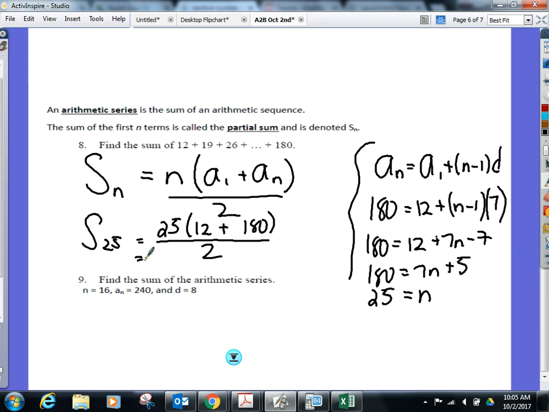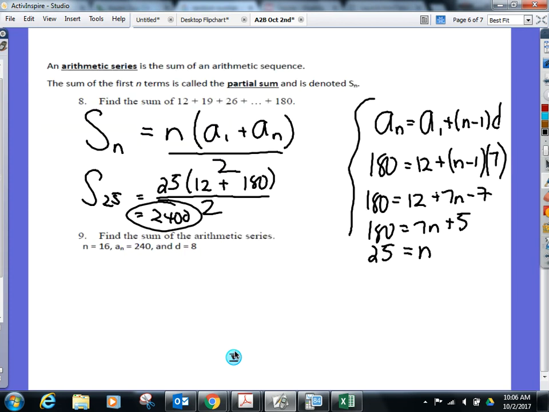All those terms add up to? Austin, what do you got? Yep, 2,400. So I didn't know how many terms I was adding up, so I looked at my explicit formula, filled in everything, and solved for n.